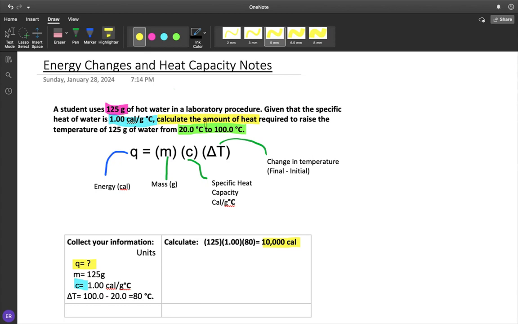We want to calculate the amount of heat required to change from 20 degrees Celsius to 100 degrees Celsius. So we gathered the grams, the specific heat, and the change in temperature, and we multiplied all of those numbers together to get the amount of energy, or heat. I hope this helps. Please do the same thing with the other problems, and ask any questions if you still have them.